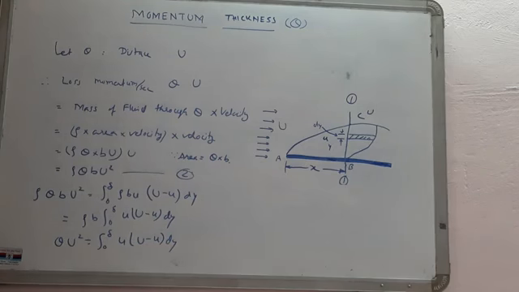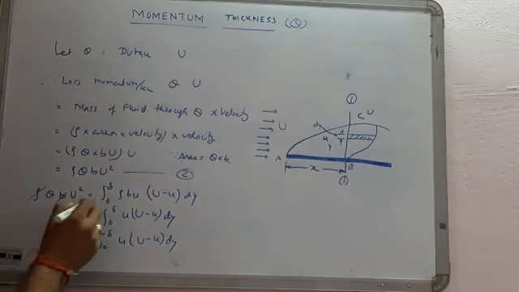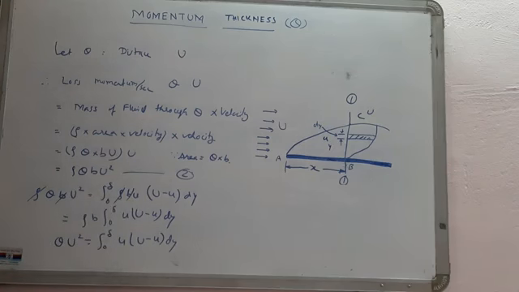Cancelling rho B from both the sides, theta equal to 1 by U square, integration 0 to del, u into (U minus u) dy.